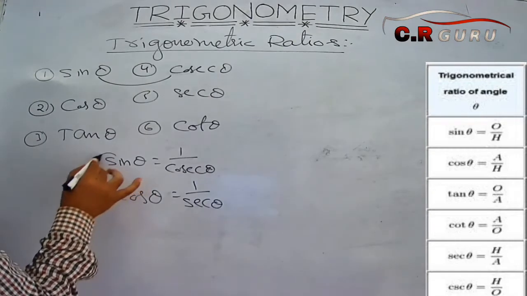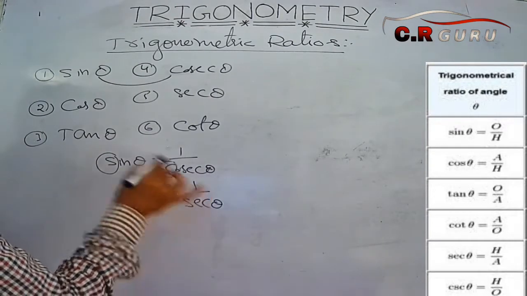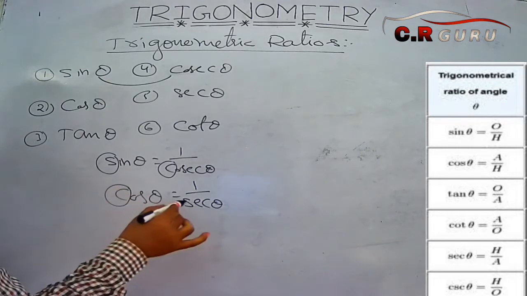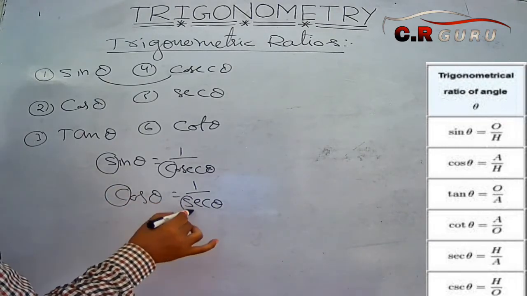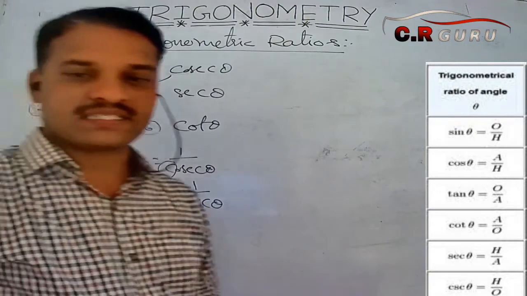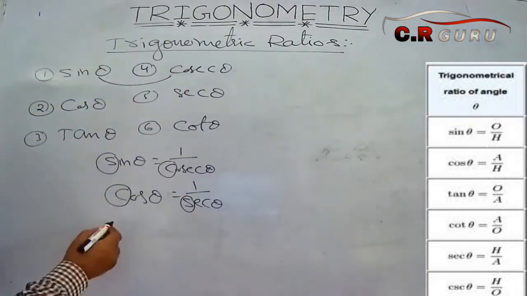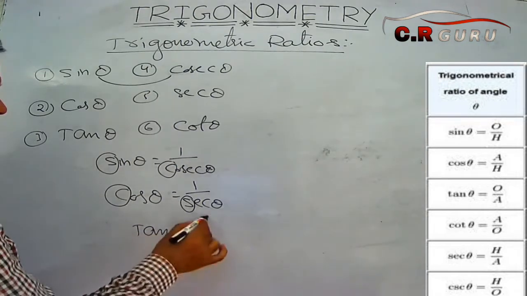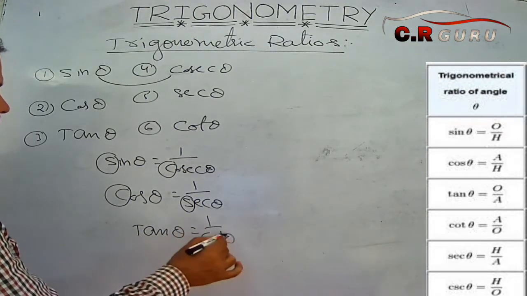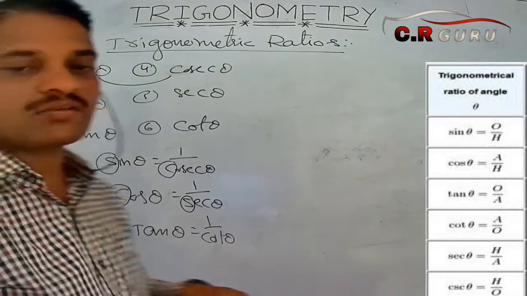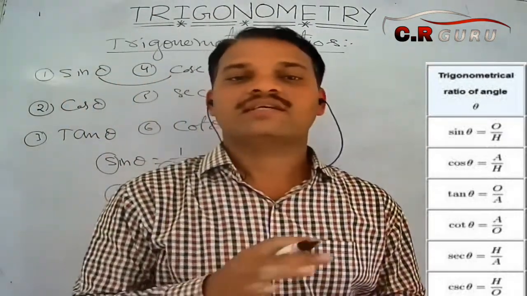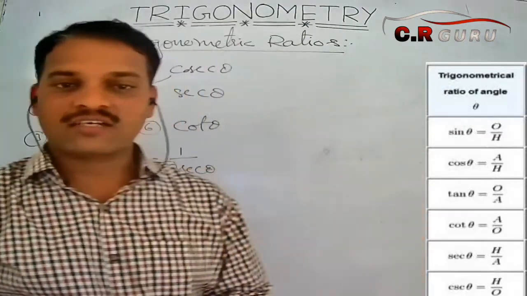The first letter of sin is S and of cosecant is C. Cos theta's first letter is C, and secant theta's first letter is S. Like that you remember. And one more thing: tan theta is equal to 1 by cot theta. Tan theta's reciprocal is cot theta and cot theta's reciprocal is tan theta. So these are the trigonometric ratios.